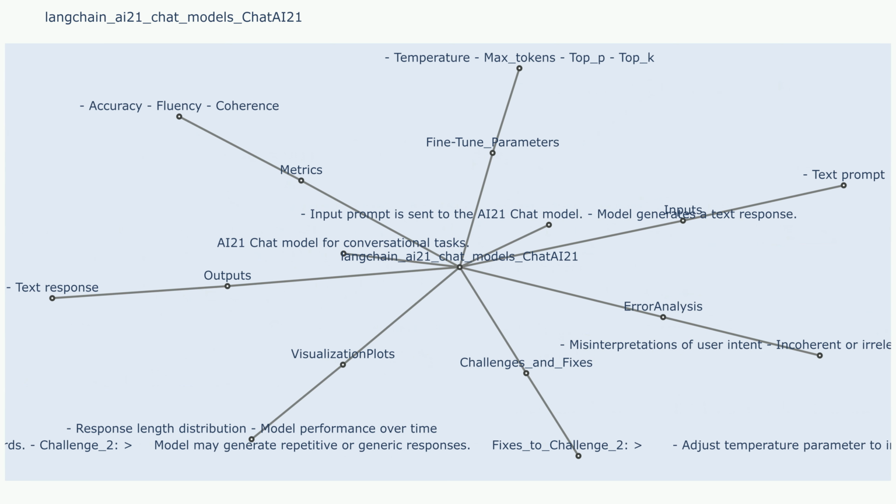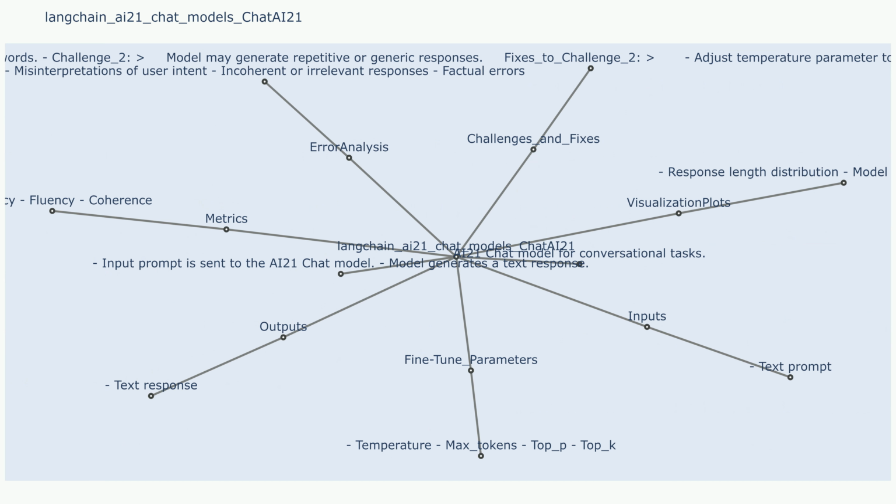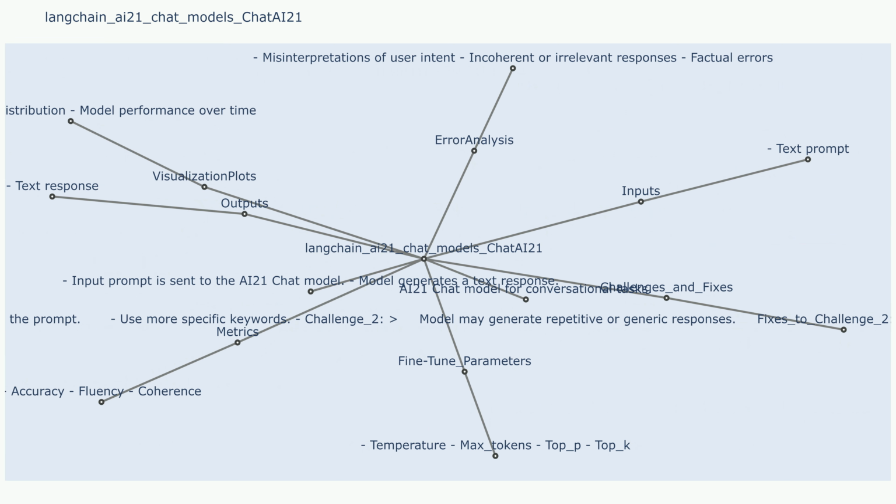Inputs: text: the input text provided to the model for conversation. This can be a user message, a prompt, or a continuation of the conversation. Outputs: text: the model generates a text response based on the provided input and the conversation history. Steps: tokenization: the input text is broken down into individual tokens, which are the basic units of meaning in the model.